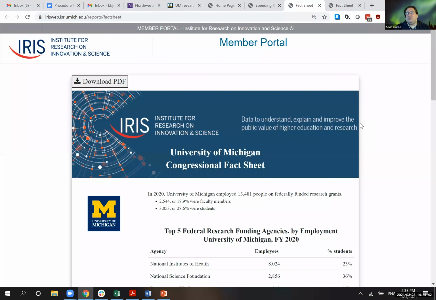The other thing that we try to do too is stress that the reports that we produce are often a subset of the overall research portfolio. So when you think about the numbers that are reported to HERD or things like that, that's sort of the total package right there. But we try to focus less on the total package because you already know that, and more on the more nuanced aspects of research spending. So how is your research portfolio affecting businesses?